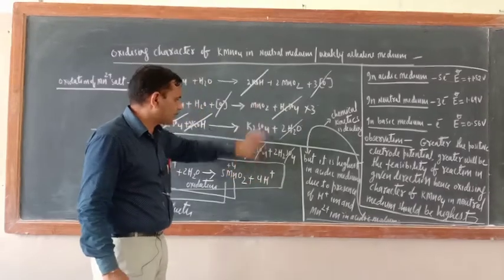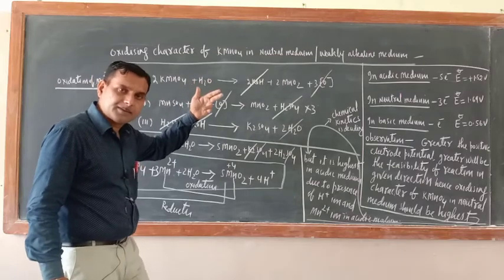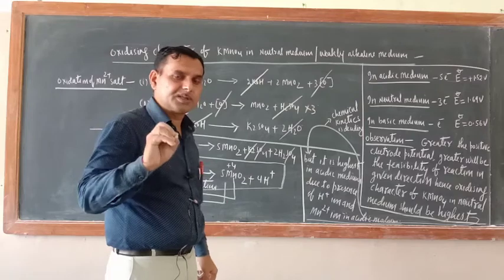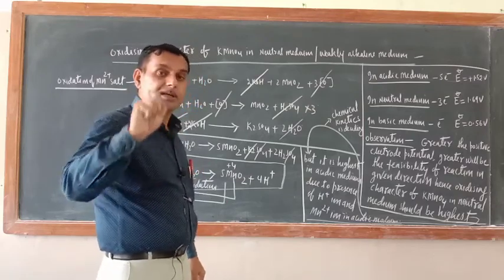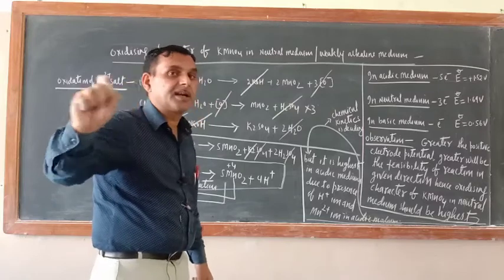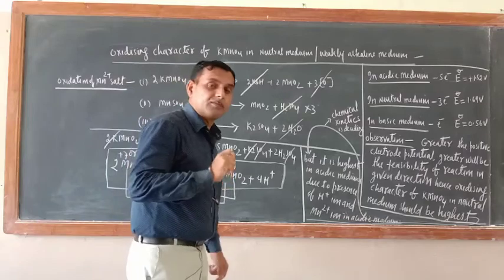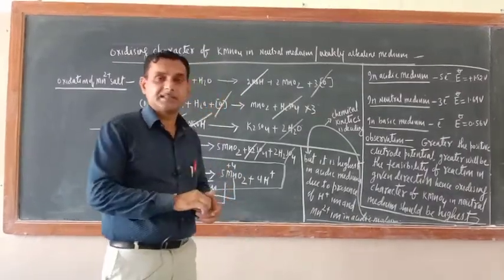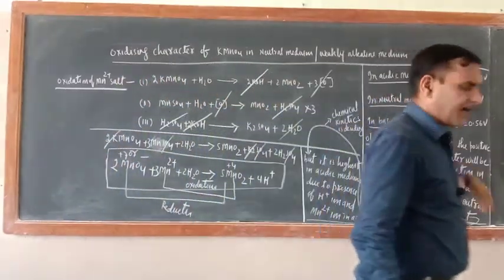Water is not the product here, but in acidic medium water is the product. Water is the product or not? Then what should there be? The water electrode potential is negative, minus 1.23 volt. Then it should be oxidized by H positive. Correct or not? Just see the electrode potential.